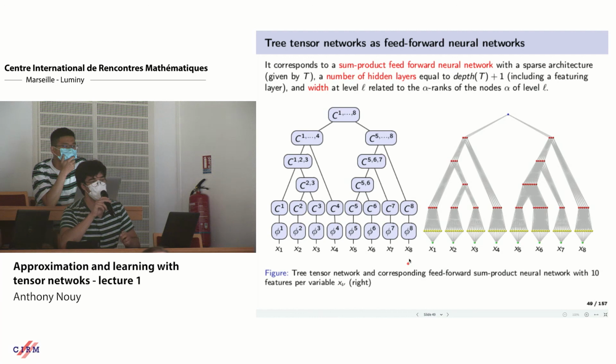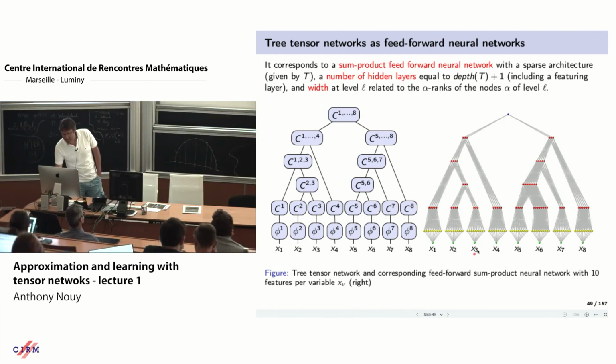If you give me a sum product neural network with this sparsity, meaning that you don't consider at each level every possible connection that mixes all variables, but the connections are highly structured like this, associated with a tree, it is a tensor network. These sum product networks are tensor networks.